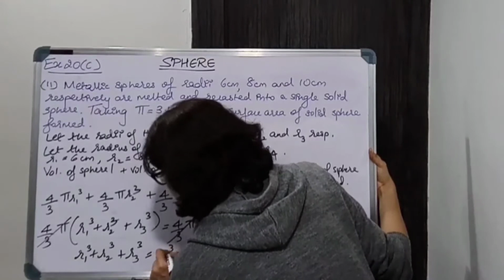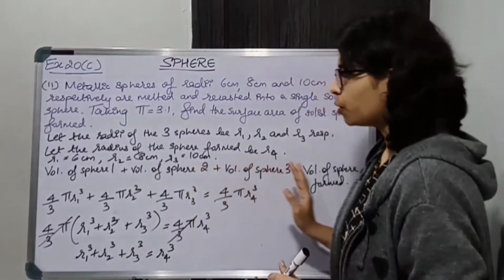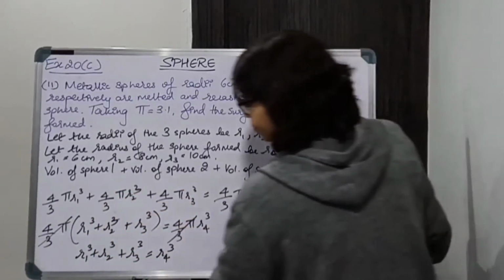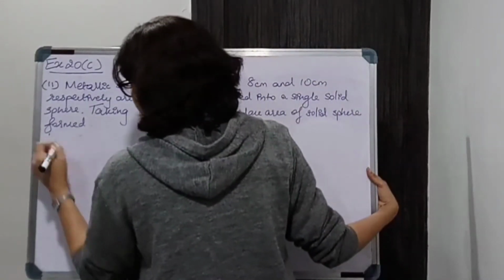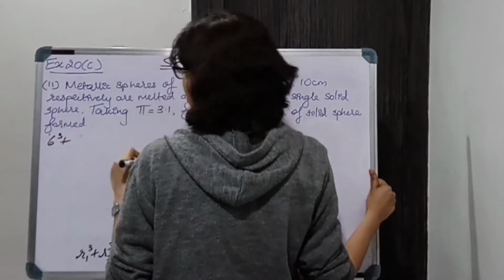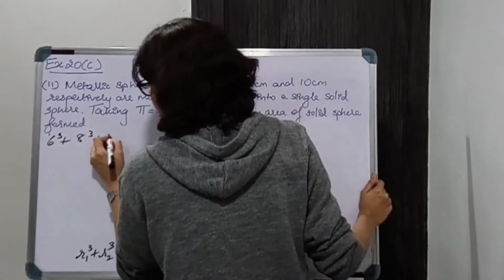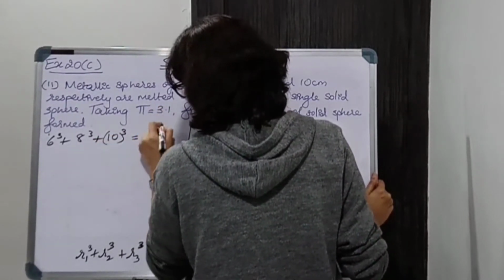Now you can't take cubes common, right? There is a plus sign in between, so you can't take cubes common over here. So you have to find the individual cube values. Now r1 cube, that is 6 cube, plus r2 cube, that is 8 cube, and r3 cube, that is 10 cube, is equal to r4 cube.